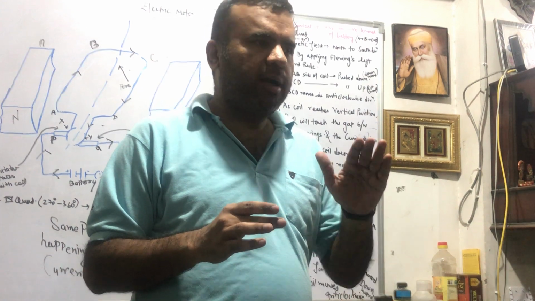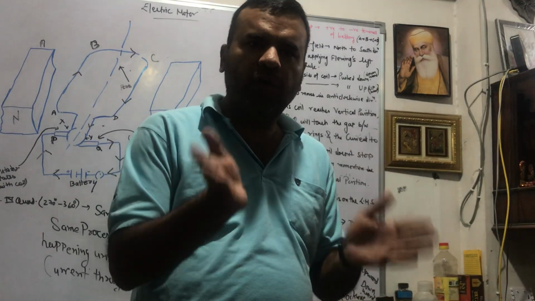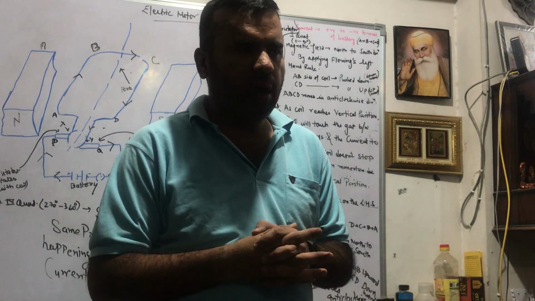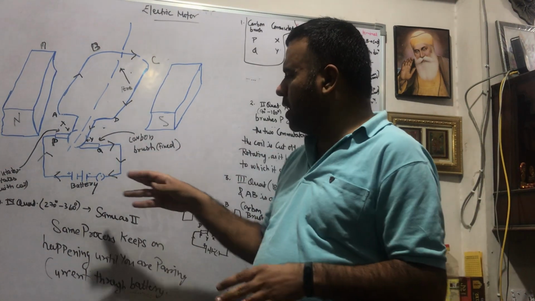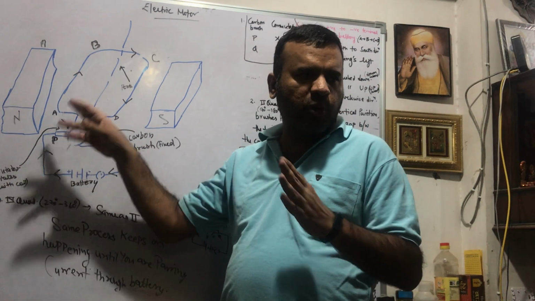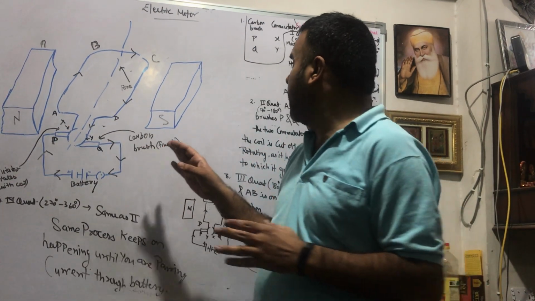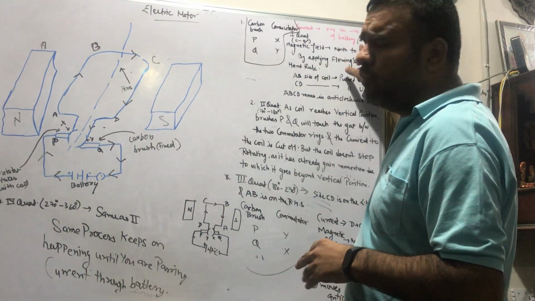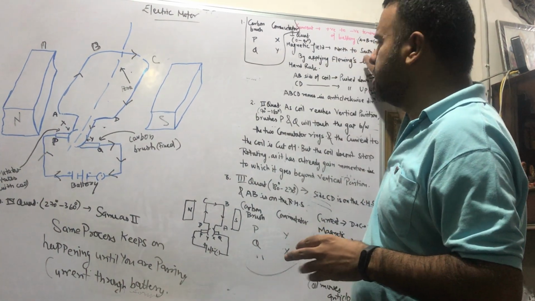If magnetic force is downward, then the coil will move downward. If magnetic force is upward, then the coil will move upwards. So initially we are giving current from positive to negative terminal of the battery. So the direction of current will be via this path, A to B, then C to D.